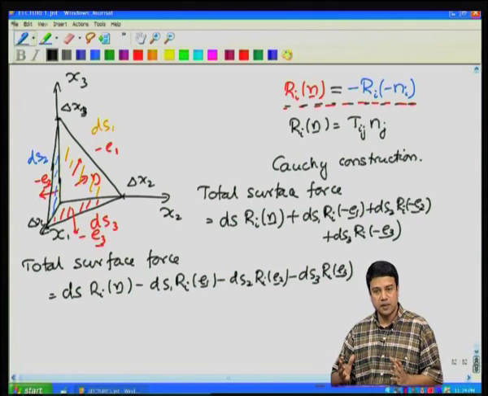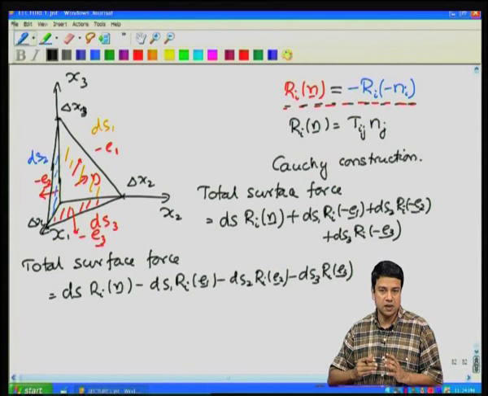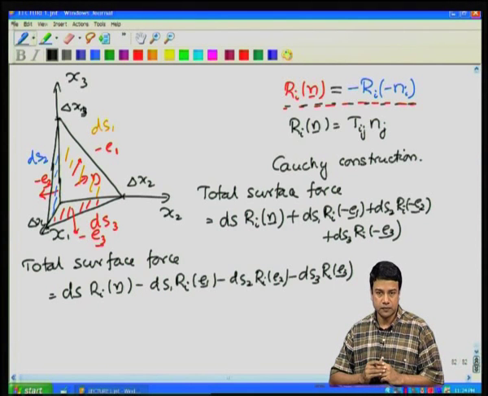So, in the limit as these three go to 0, the volumetric terms will go to 0 as delta x cubed. Surface terms, on the other hand, will go to 0 as delta x square.